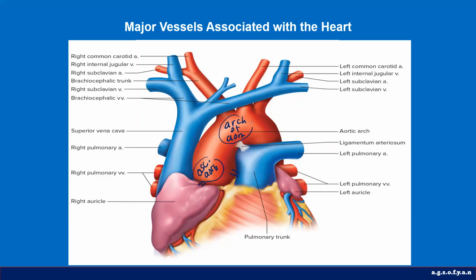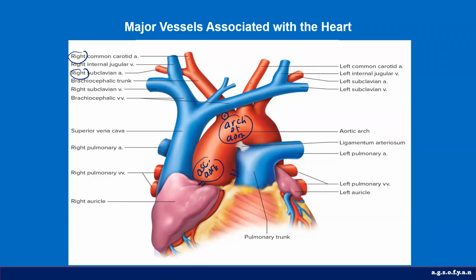The arch of the aorta will branch into three. The first one over here is the brachiocephalic artery, and this brachiocephalic artery will branch into the right common carotid artery and right subclavian artery. On the left side, the arch of the aorta will branch into two arteries.